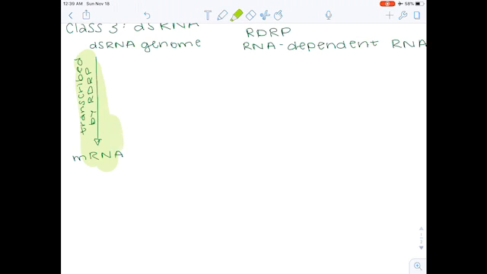So this side over here is going to be the part that makes the genome. But on the other side, we are going to have transcription, again by RDRP. Sorry, this is also cramped.